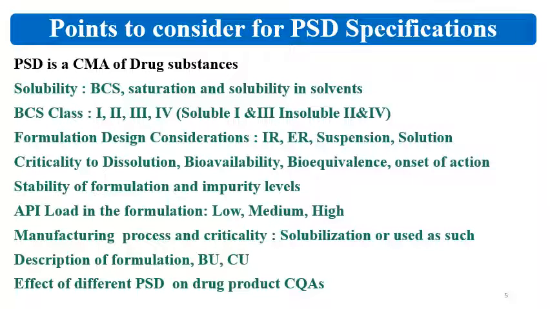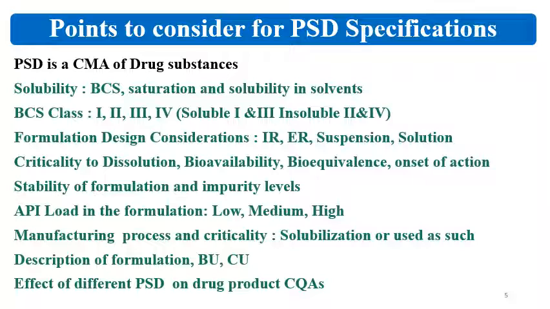Also, the manufacturing process and manufacturing steps criticality should be considered. Whether you are using the techniques to dissolve the API during manufacturing or not, or you are using the API as such. Like in pellet formulations, the API is dissolved and then it is coated onto the pellets. Description of the formulation should be considered, like mainly in the suspension or emulsion type of formulations.